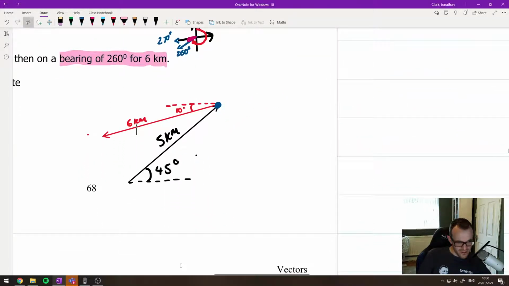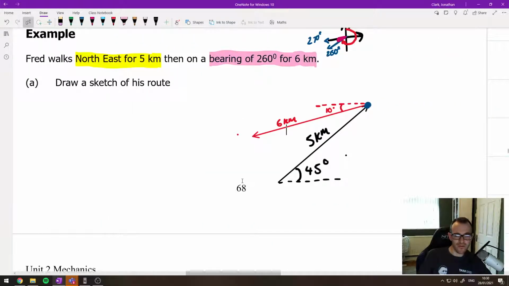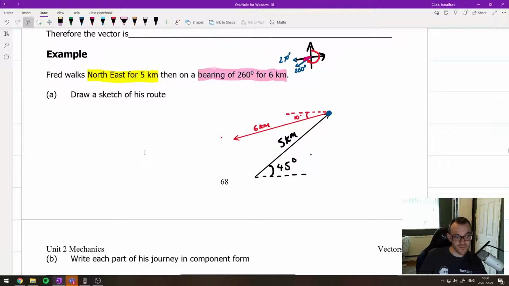Now, if it looks a little bit messy for you guys, it might be worth drawing the two legs as separate right angle triangles, and that might help you see what's happening at each stage. Now, what we're going to need to do here is write down each part of his journey in component form.